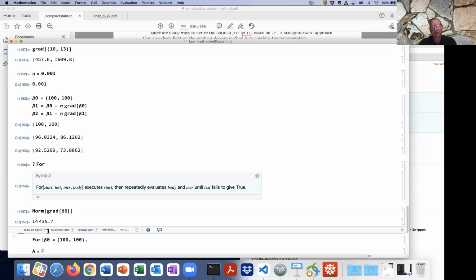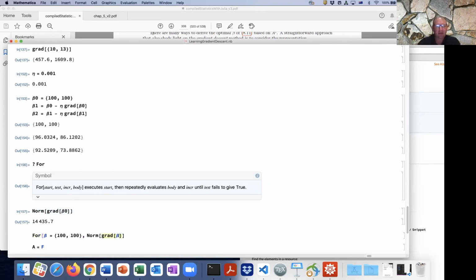Sorry, the norm of the gradient at the local minimum is 0. So let's not call this beta 0, let's call this beta, and then we do here the norm of the gradient.